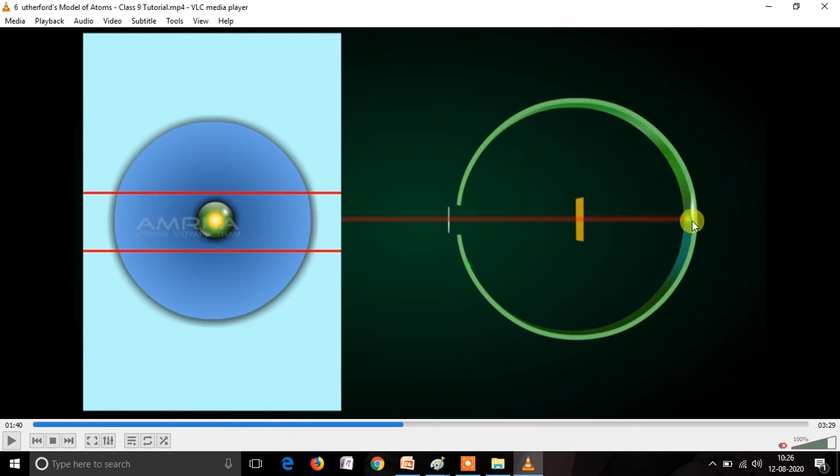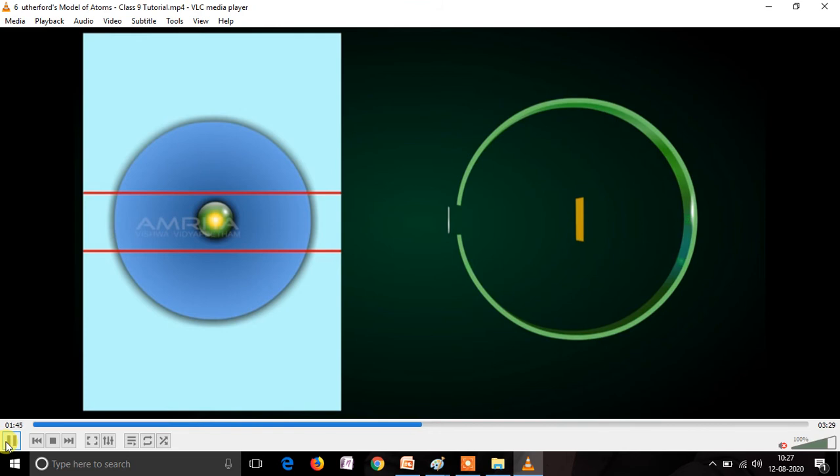This shows that an atom has mostly empty space, because of which these alpha particles are moving straight through the gold foil and striking the portion in front of it and making scintillations there.